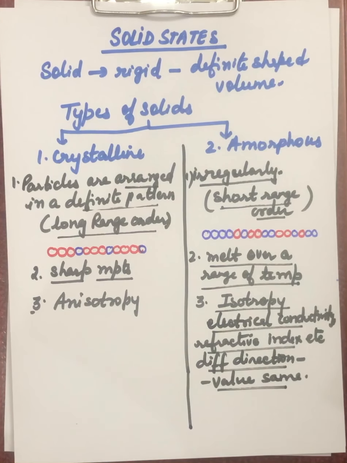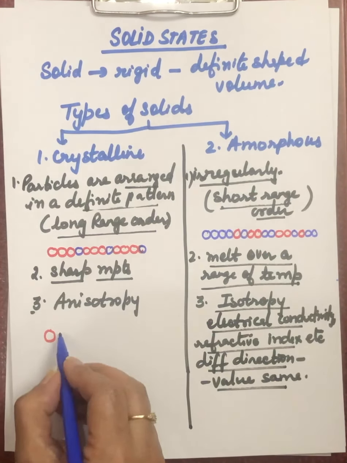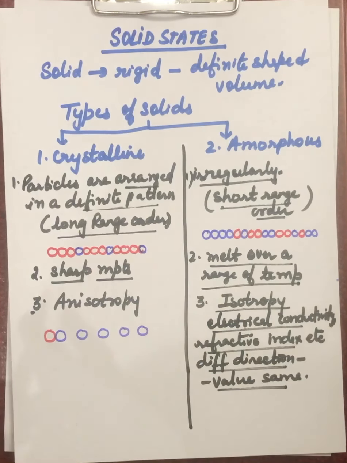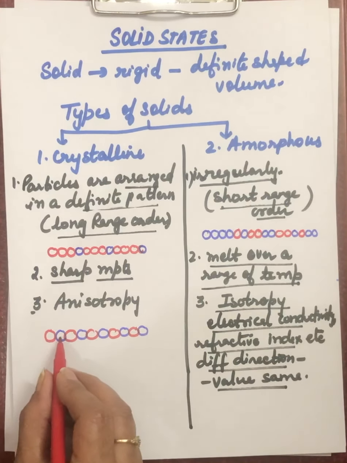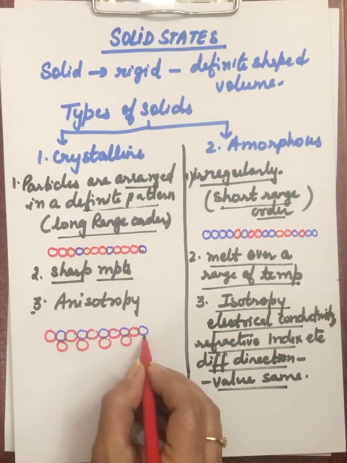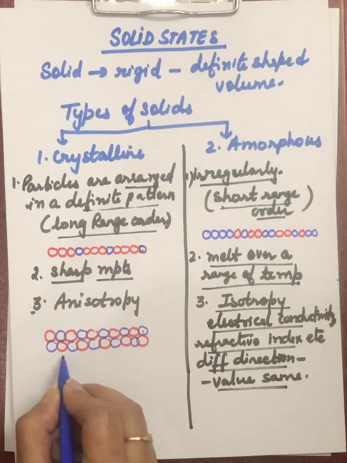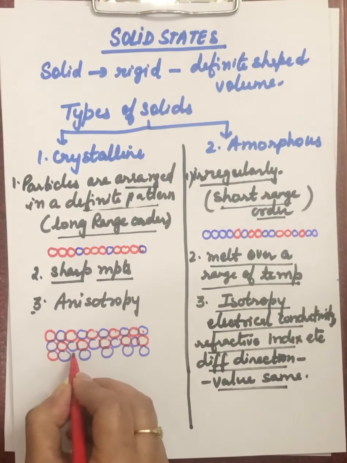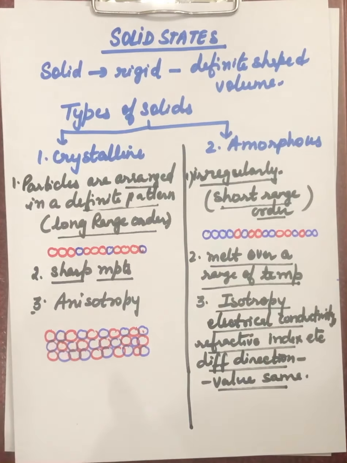The reason for this is the arrangement of particles in the solid. For example, NaCl we can take. So Na plus Cl minus, Na plus Cl minus, like this they are arranging. Now in this arrangement, why is the value of these properties different in different directions in crystalline solids?